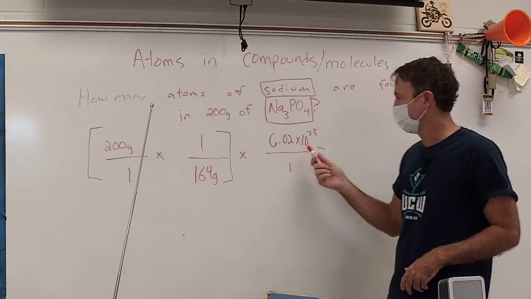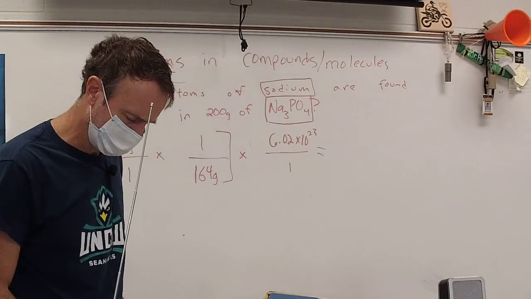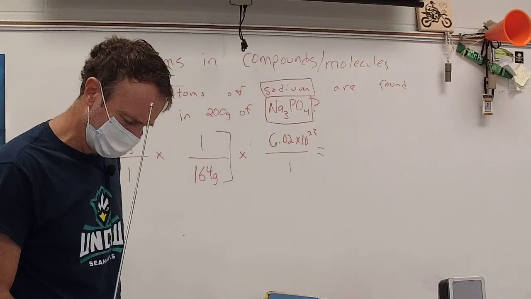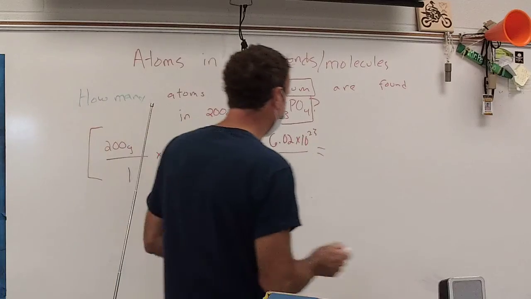200 over 164 times 6.02 times 10 to the 23rd. 200 divided by 164 times 6.02 EE23 equals 7.3 times 10 to the 23rd.